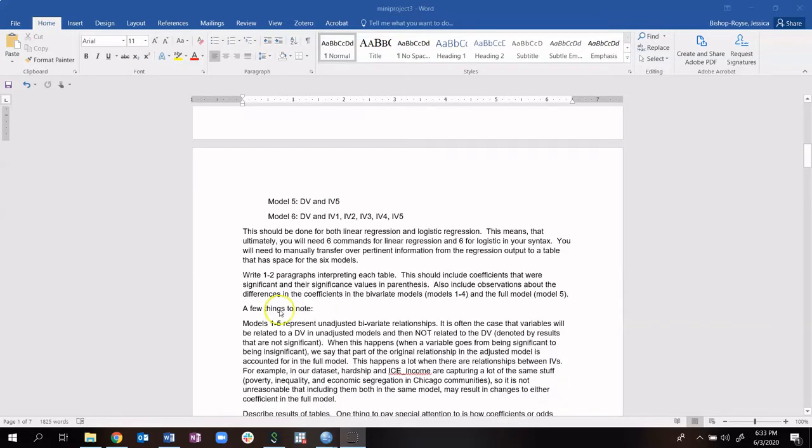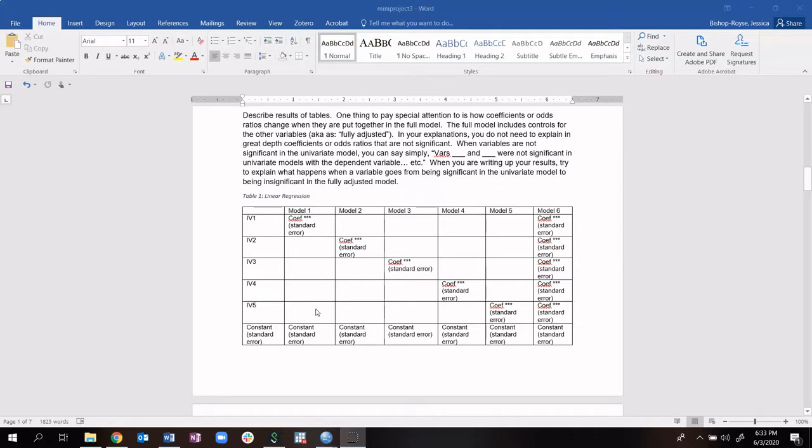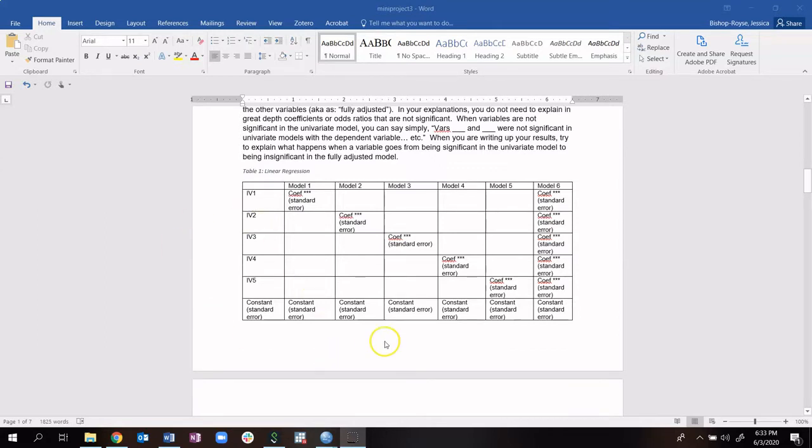All right, so here's just some things that we're doing here. I'm not going to read this to you because you're in college, and I feel like you could probably read it to yourself. This is the linear regression table that we're going to be working with. After you do your 6 regressions, you're going to put the statistics in each of the spaces that I've marked here.